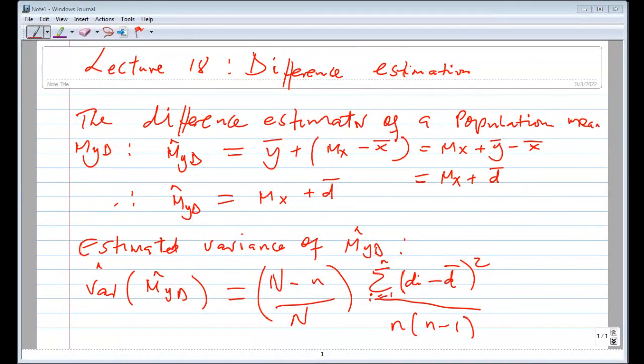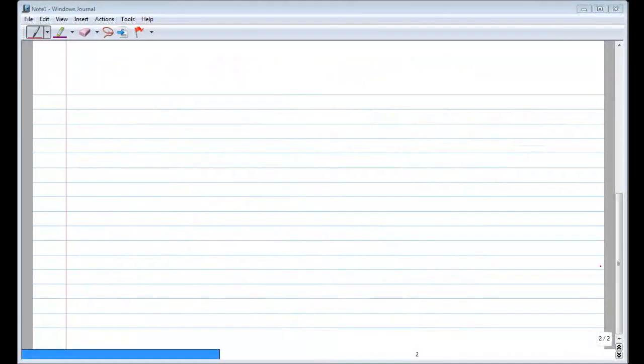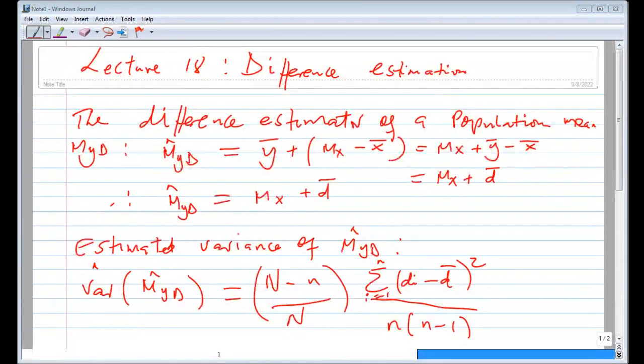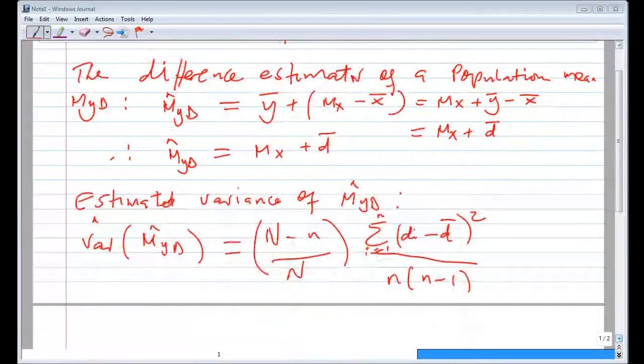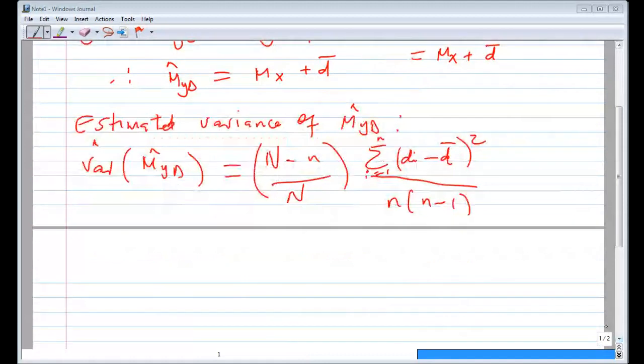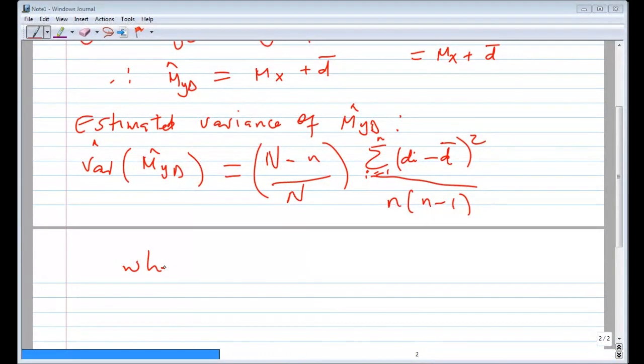Where in this case, di is equal to yi minus xi.